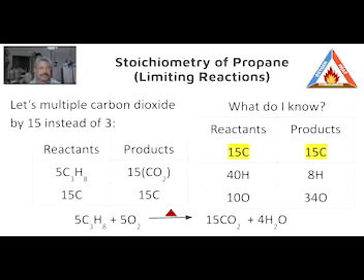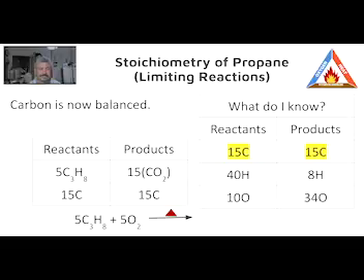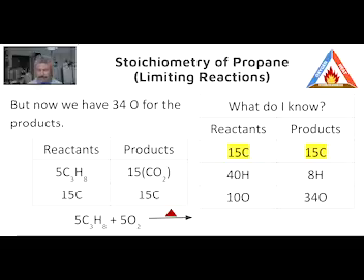If we multiply the carbon dioxide by 15 instead of 3, now we have 15 times 1, or 15 moles of carbon for the products, 15 on the reactants. Carbon is now in balance. But we now have 34 moles of oxygen atoms for the products. Now are you beginning to understand why we're going to do the oxygen last?